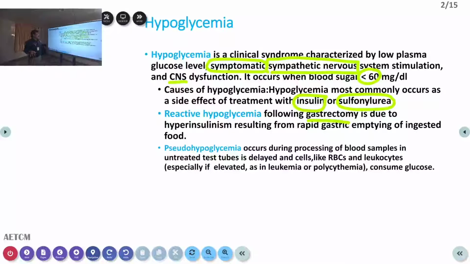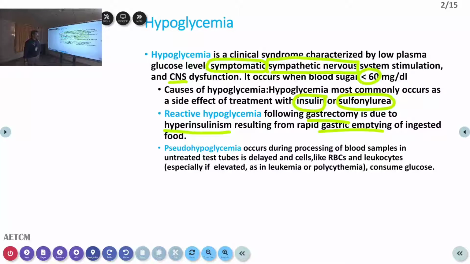If the patient has a gastrectomy history, after taking food there will be increased insulin secretion from the pancreas, but sudden emptying of the food from the stomach can produce a hypoglycemic episode, because of the increased secretion of insulin from the pancreas but food is not staying in the stomach. So that is not related to diabetes, it's a problem occurring after gastrectomy.